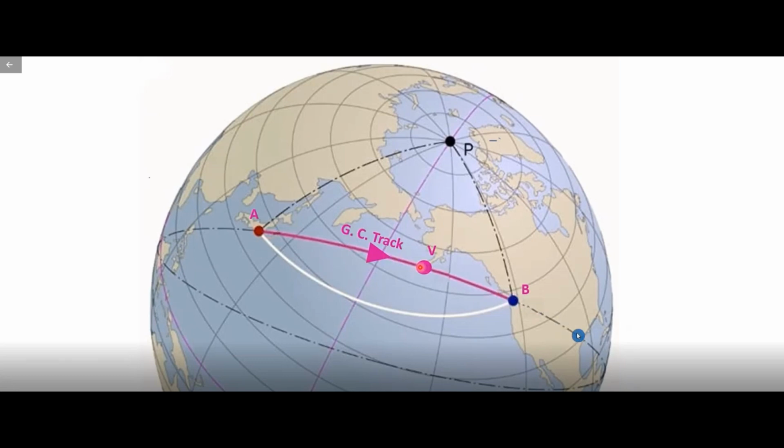And if you see this dotted line going through the earth and coming back, this is the complete great circle on which we are moving. PA side is the colat of position A. PB side is the colat of position B. And the vertex is here, beta. You can see all the parallels marked here. And you can see that the highest latitude this track is attaining is somewhere here. Right, beta? Up to here, everything clear?